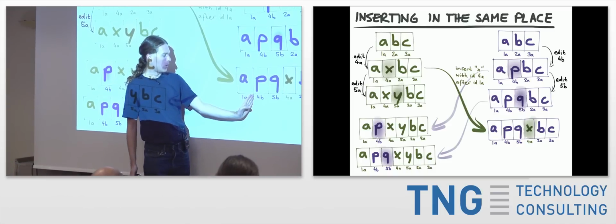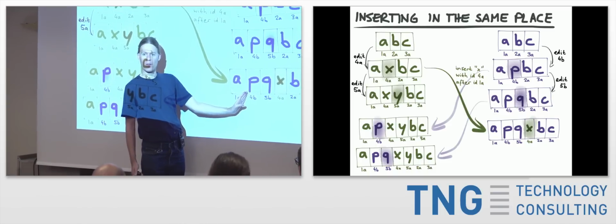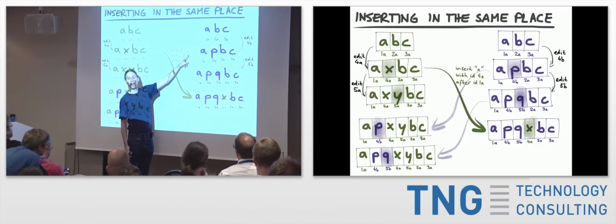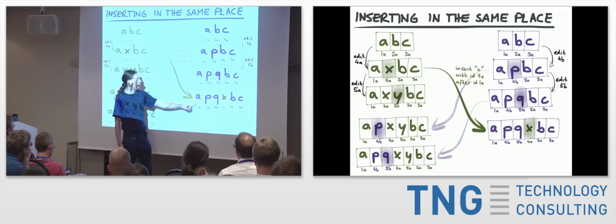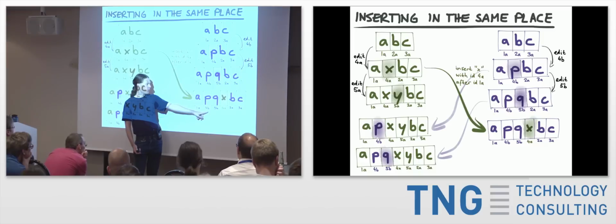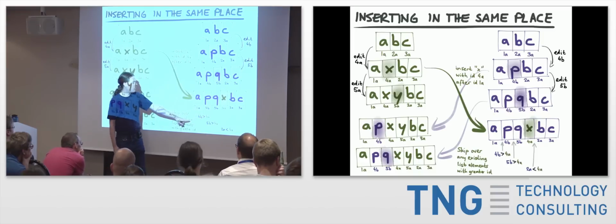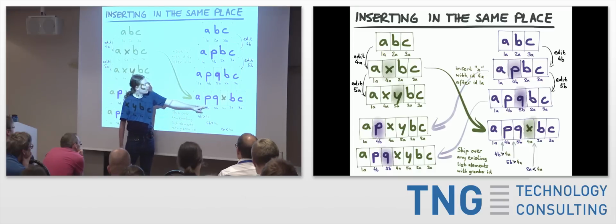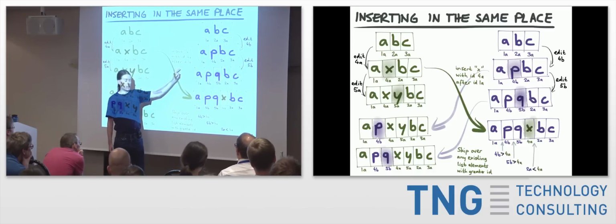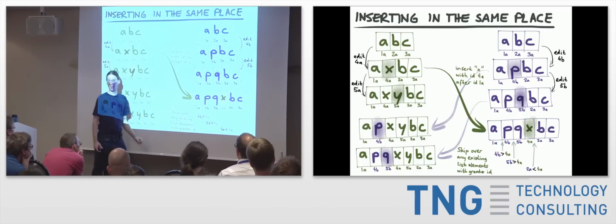We'll start at our insertion position here and assume that we put it directly after the A. We will now compare the newly generated identifier, this is 4A, to the identifier of the character that is immediately to the right of the insertion position. And what we will do is, if the character immediately to the right is greater than the incoming character ID, then we will skip over that character.